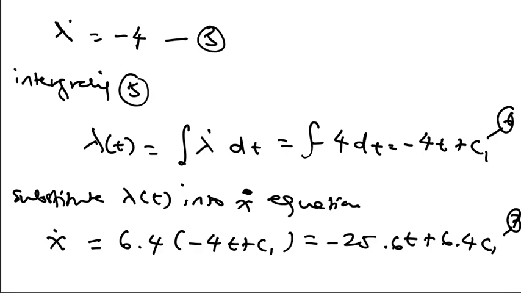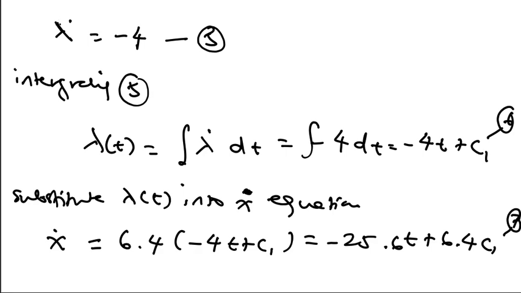Remember, our objective now is to solve for the state variable x(t) and also the co-state variable lambda(t). Next, what we need to do is integrate 7. 7 is x dot. We integrate 7 so that we get x instead of x dot.